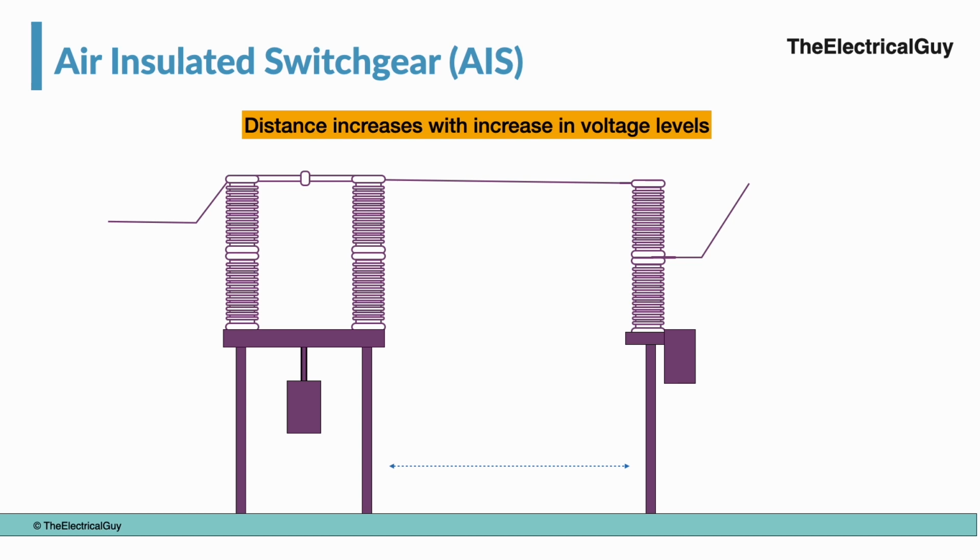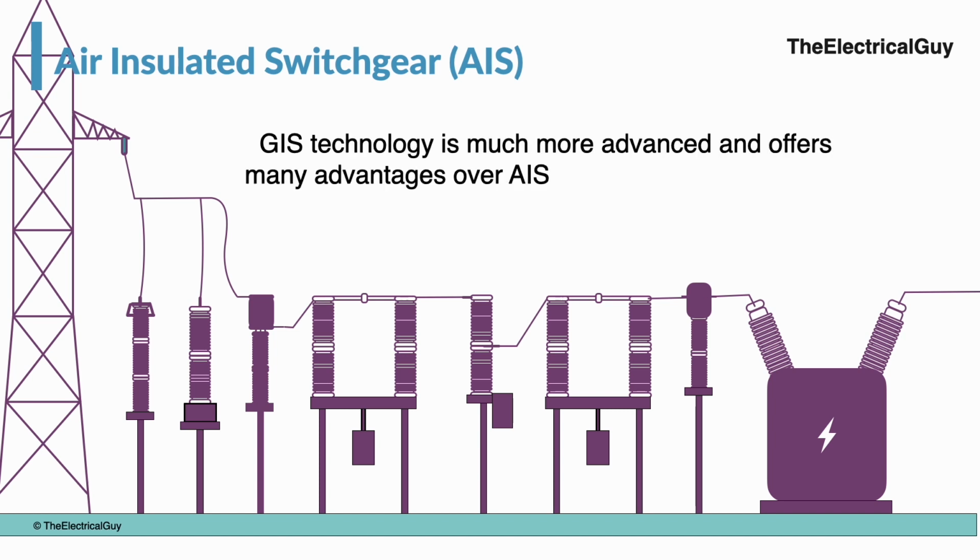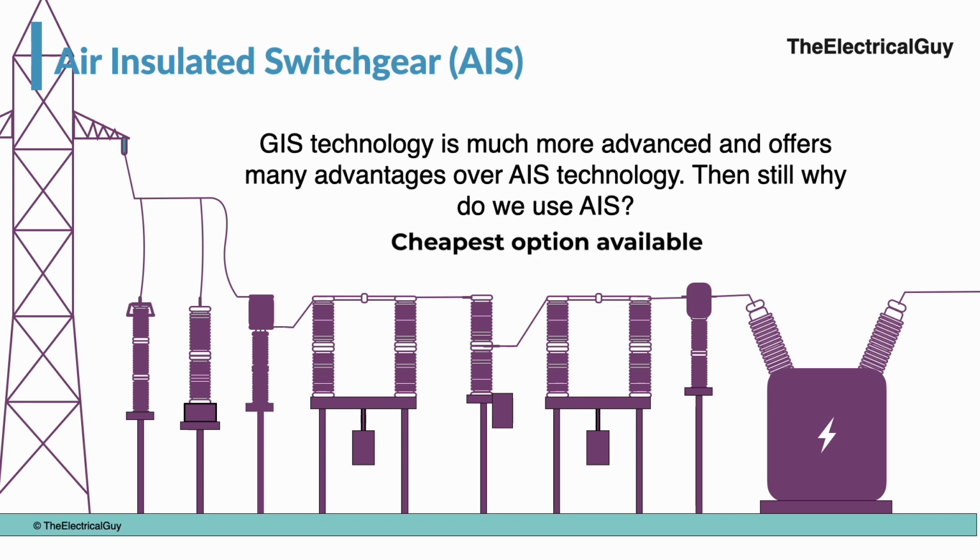Now, the question is, GIS technology is much more advanced and offers many advantages over AIS technology. Then still, why do we use AIS? Well, the biggest advantage that AIS offers is that it is the cheapest option available among the other technologies.